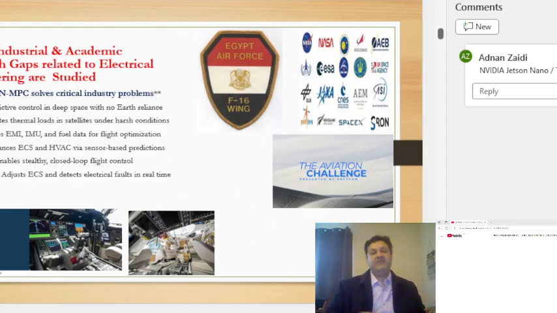Then for Safran, the issue is regulating jet engine vibration and pressure dynamically. One is pressure, another is vibration, and it regulates both of them. For Rolls-Royce, it predicts failure via vibration analysis and adaptive output, because when there is a failure, it predicts it with vibration analysis and adaptive output. So these are the issues.